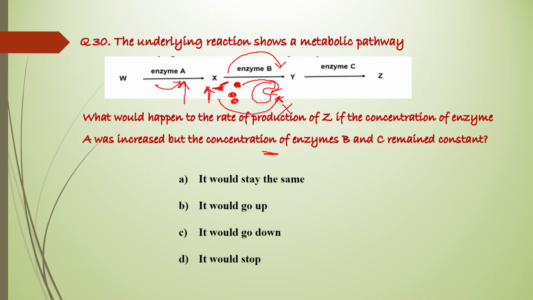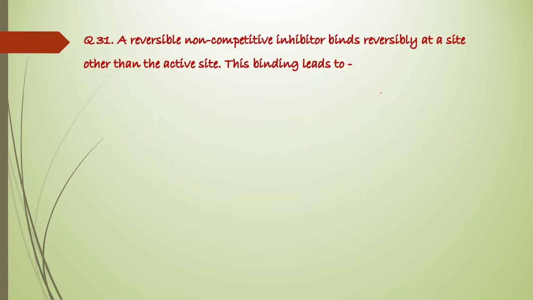So there will be no change in the rate for this second, consecutive reaction. And obviously for the third one as well, because there is no change in the rate of formation of Y, there will be no effect on the rate of formation of Z, because enzyme C concentration is also staying the same. So again the whole rate process will be the same. So the correct option for question number 30 was option A.